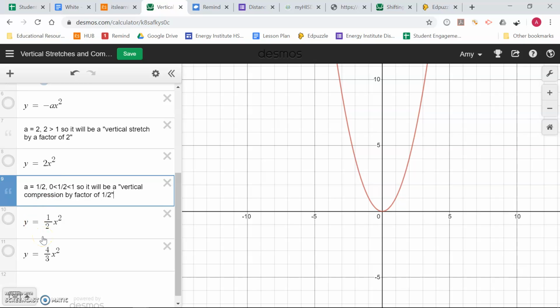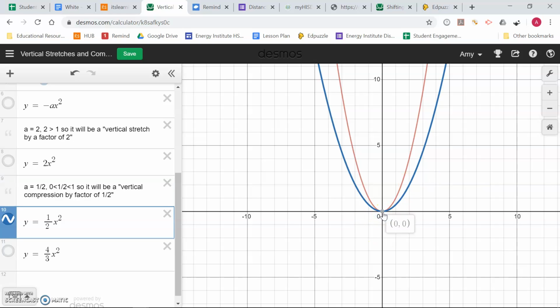And let's see, will this new graph be wider? When we graph it, we see yes, it has now become wider. I want you to notice our vertex has not moved at all during this process. The stretches and compressions do not move our vertex, but they move the rest of the points on our graph. It's only those shifts that are going to move our vertex.